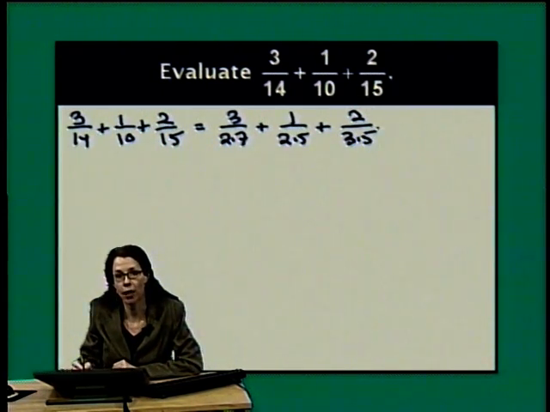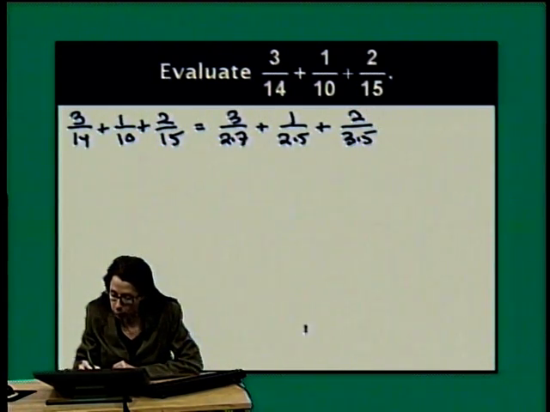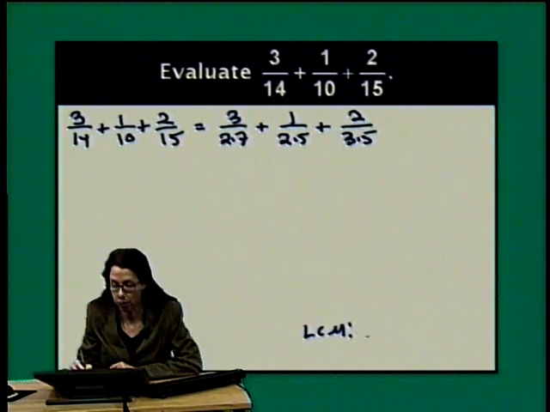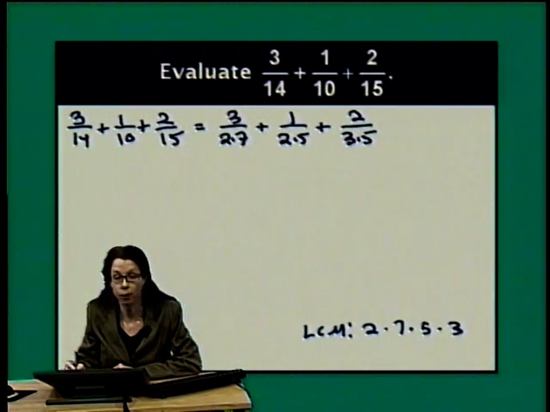So let's keep track of what I need in my least common multiple of the denominators. I need a factor of 2. I need a factor of 7. I need a factor of 5. And I need a factor of 3.